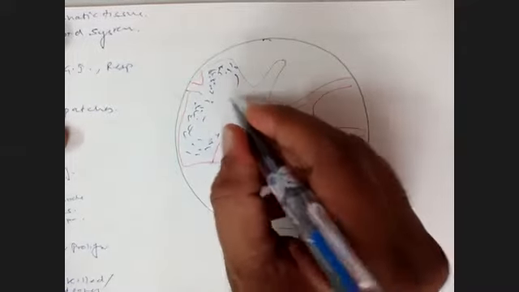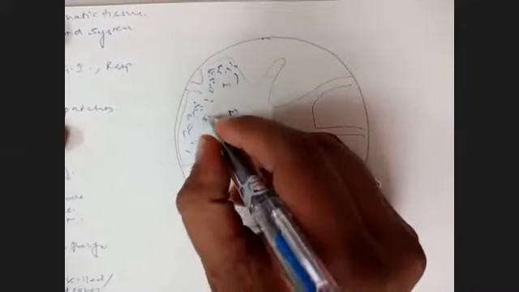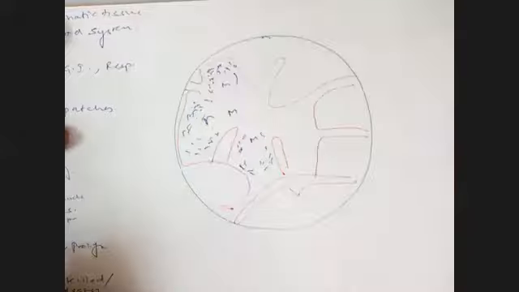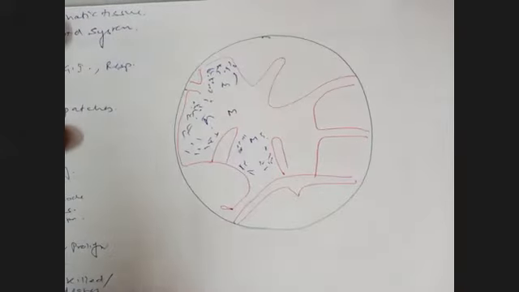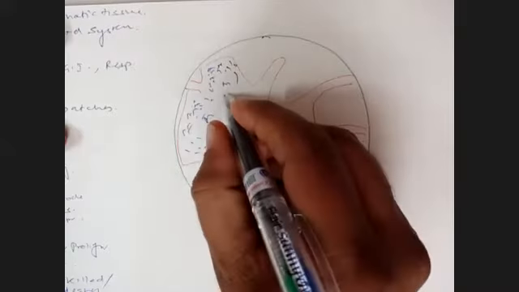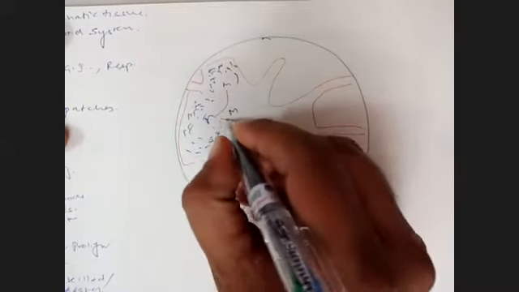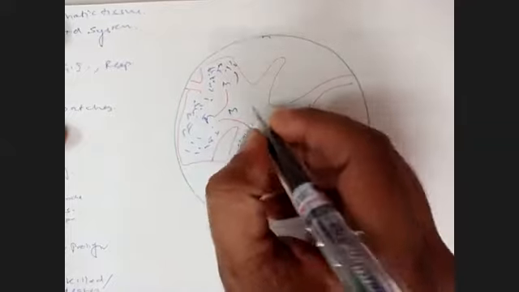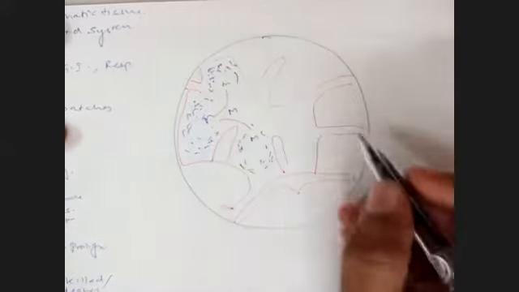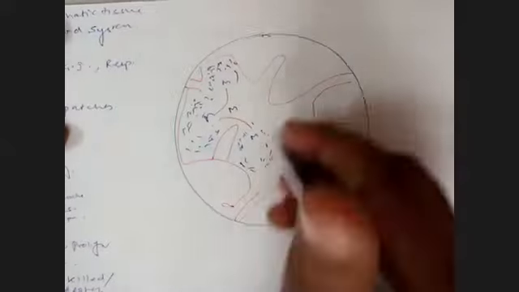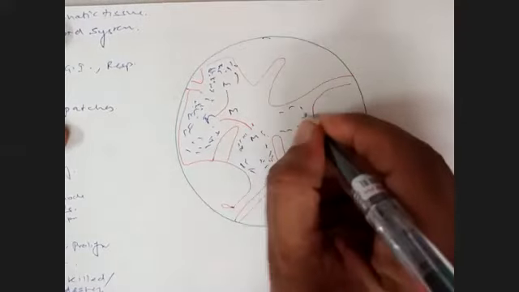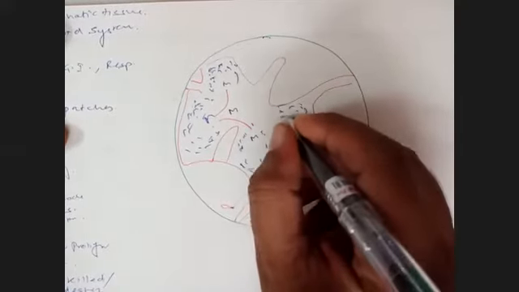And this is medulla, medulla of this lobule, medulla of this lobule, medulla of this lobule. Now what happens is the medulla become continuous with each other, and you can see here that the medulla of this lobule is continuous with the medulla of this lobule, and it is continuous with the medulla of this lobule. Here also there will be one more lobule like this, and this is the medulla.